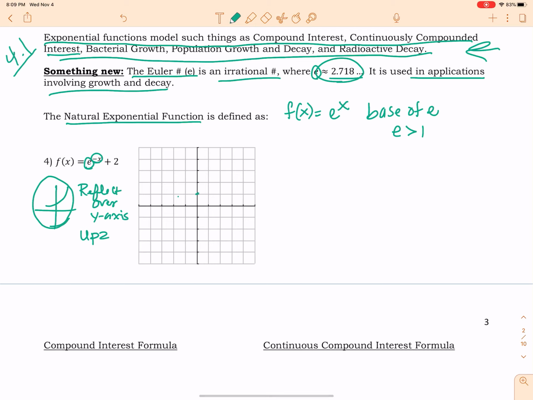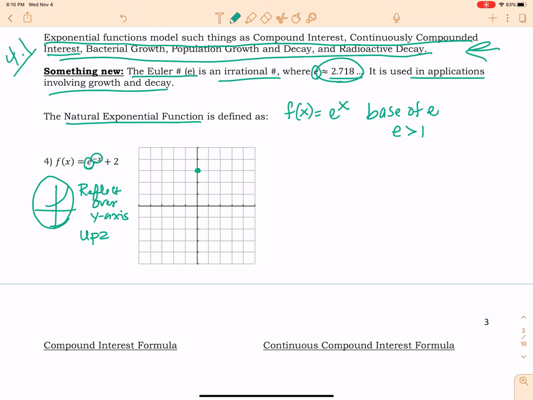So the parent, since the Euler number is bigger than 1, would look something like this, but it's going to reflect over the y-axis. So it's going to do this. And it's going to move up too, so it's going to move right up here. Let me erase this other stuff.